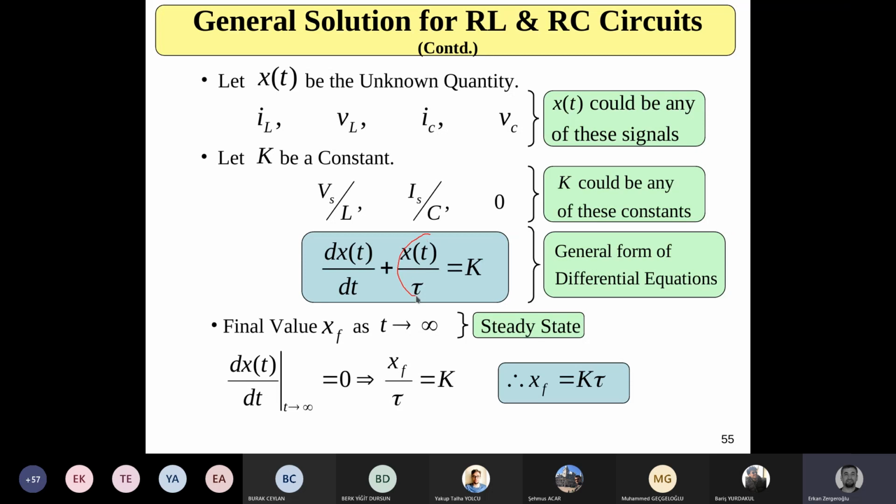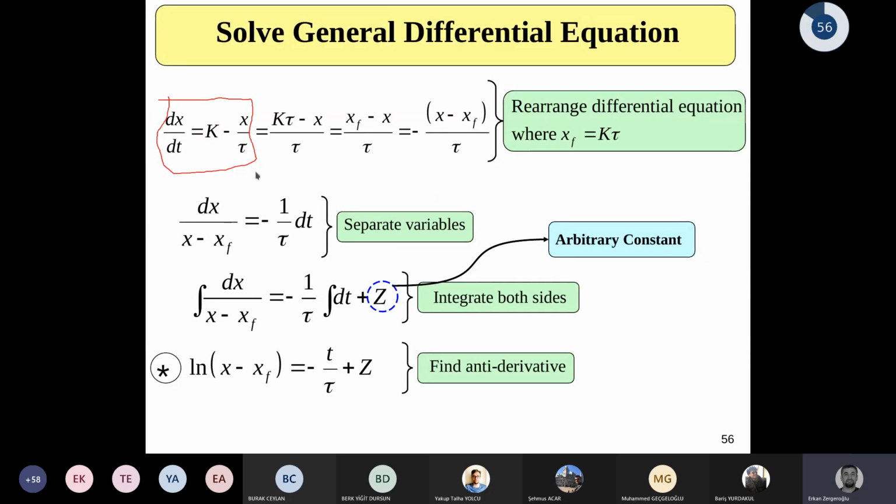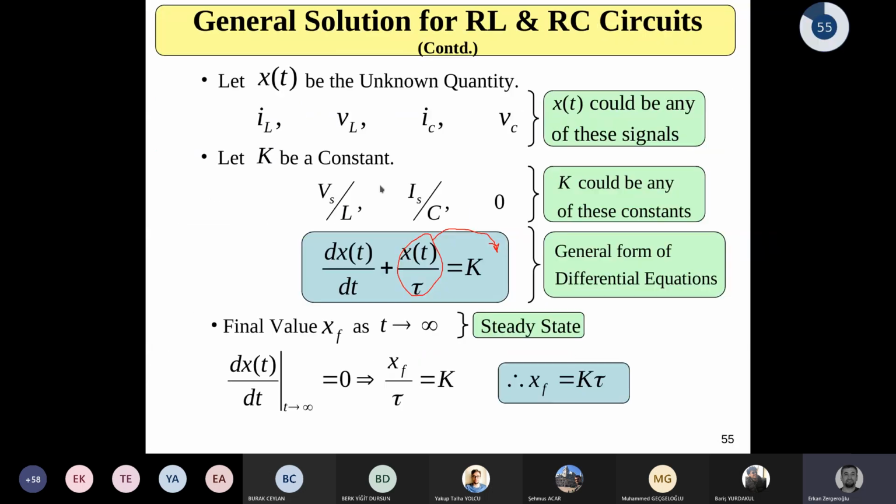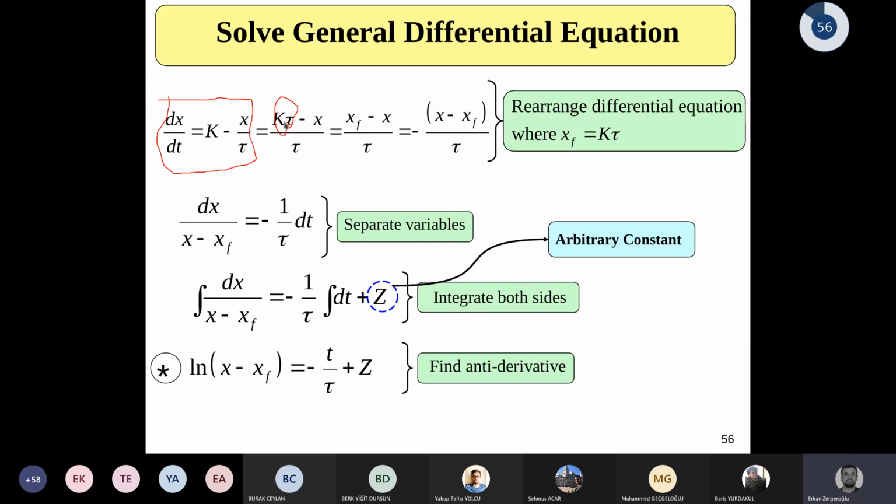I took this portion to the other side of the equation and put a minus sign in front of it. This is, as we calculated previously, the final value of the state. So instead of this, I can write the final value, and I can reformulate everything using something like this.